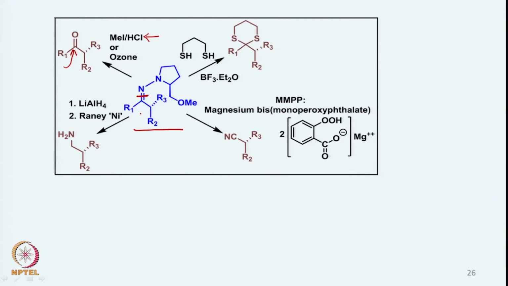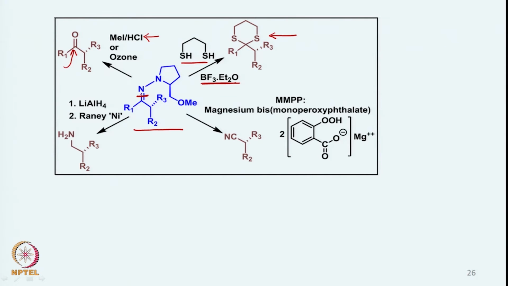On the other hand, we can directly react this with a dithiol to prepare the dithiane like this in the presence of BF3 etherate. So without hydrolyzing this hydrazone to the ketone and then reacting with the dithiol in the presence of a Lewis acid, we can directly react the hydrazone itself, because then the carbon nitrogen bond acts like a leaving group.